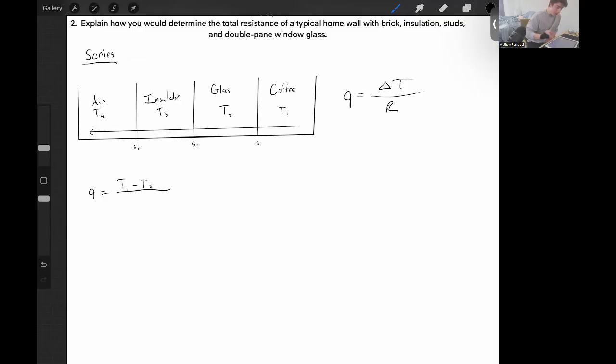And the resistance is an expression that we've already solved for before. Think of what resistance is. The resistance in this case is the absorption of energy throughout our system.